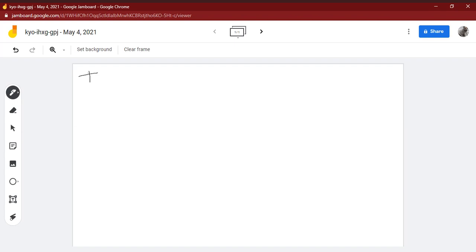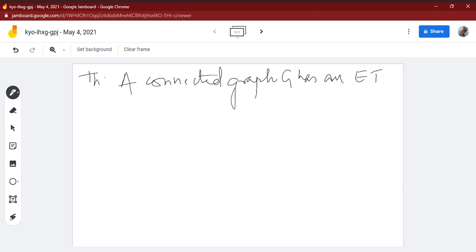A connected graph G has an Euler trail if and only if it has at most two odd vertices.